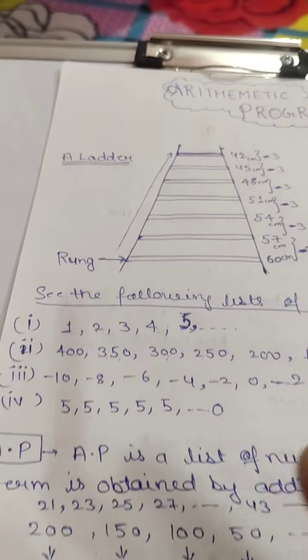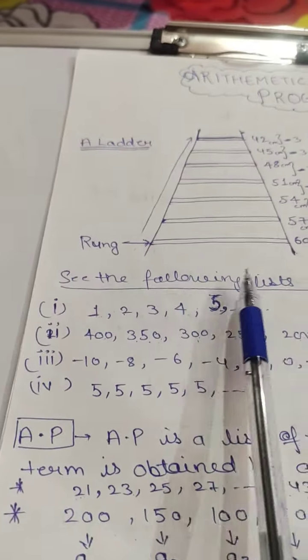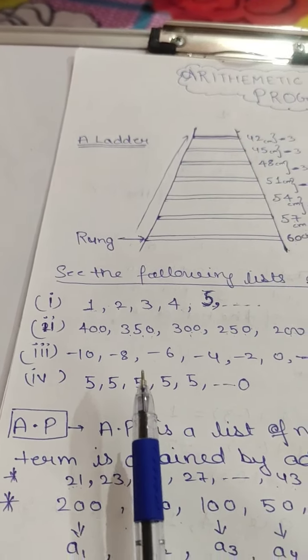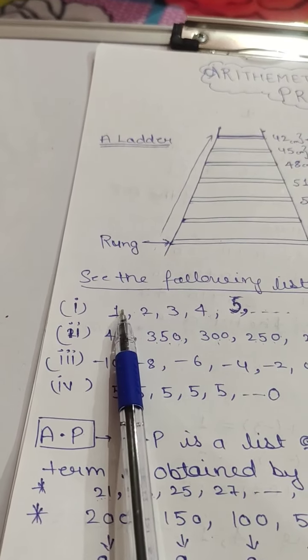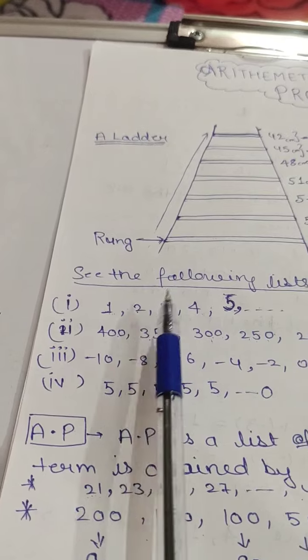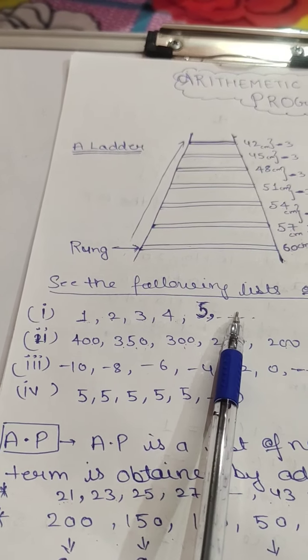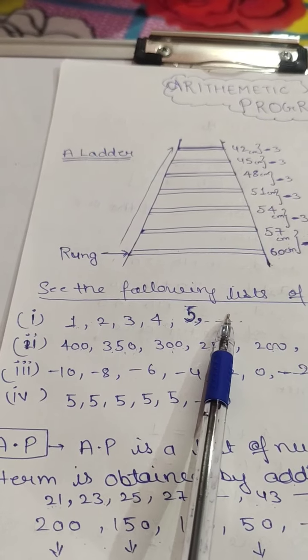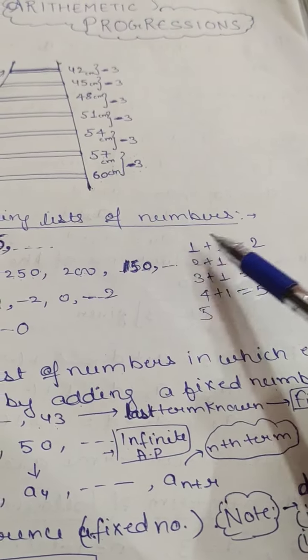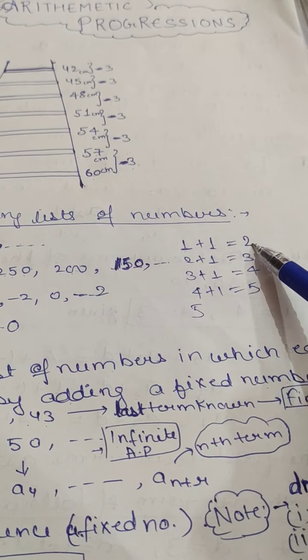Okay. So now we see the following list of numbers. Here the first series is given: 1, 2, 3, 4, 5, and we have to calculate the next term. So how can we calculate? See here, if we add 1 to the first term 1, we will get 2, which is the second term.